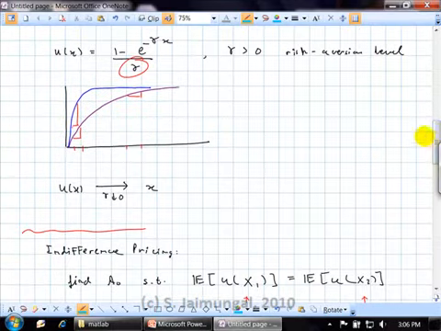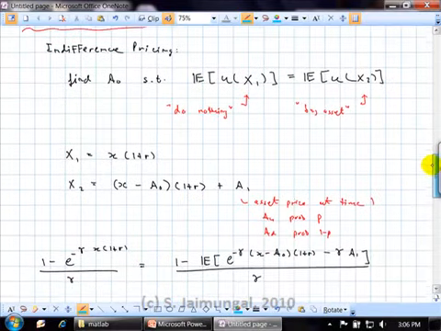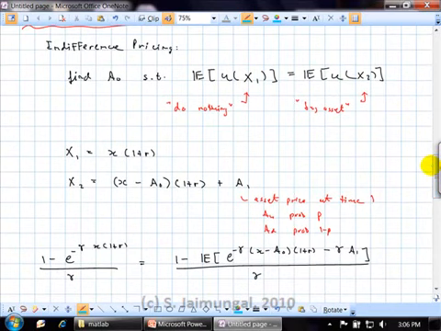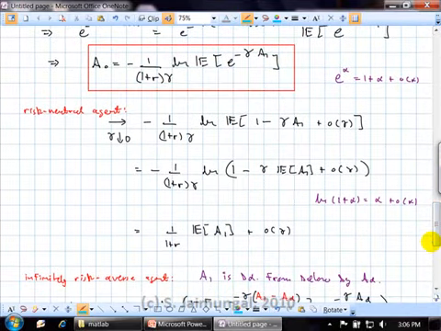With exponential utility, we used the idea of indifference pricing to figure out a price. Since preferences say to look at expected utilities, we say I'm indifferent between this random outcome and that random outcome if their expected utilities are equal. Then you go through the little bit of calculation, and we end up with our very nice result that it's a discounted value, not of the expectation, but of the logarithm of the expectation of the exponential.